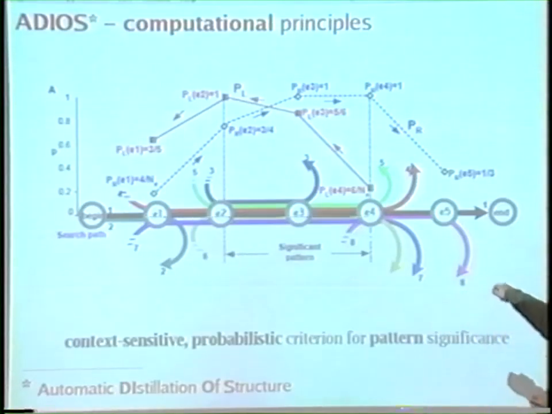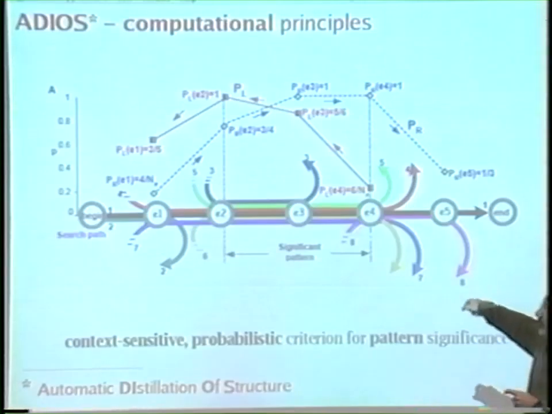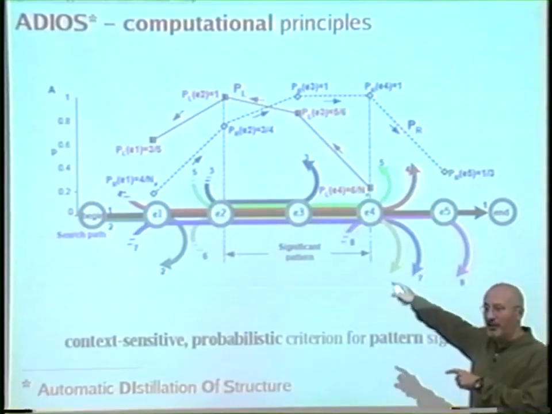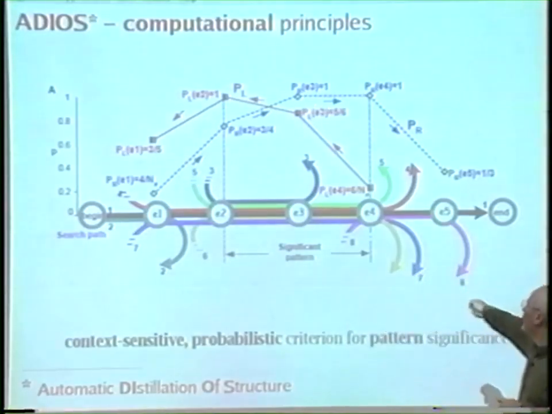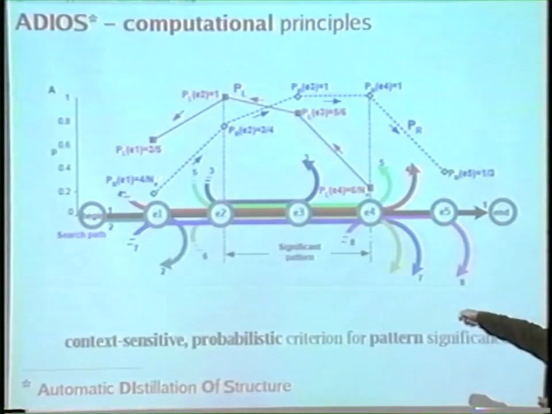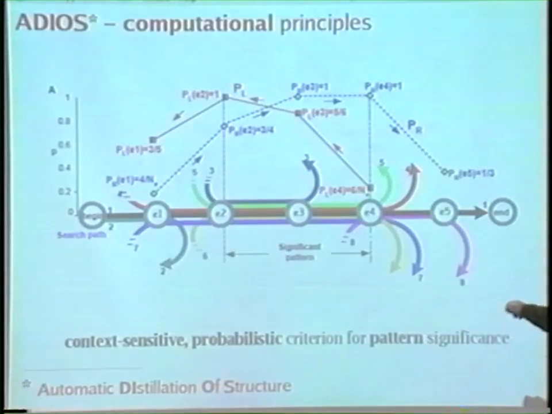And we plot them. This blue dashed curve essentially shows the value. Faithful for this particular example, you can actually count the paths here, look at the numbers. N is the total number of sentences in the corpus. We can count what's going on and figure out that by the time we get to E3, the probability is 1, and it stays at 1 at E4, and then it goes down precipitously.